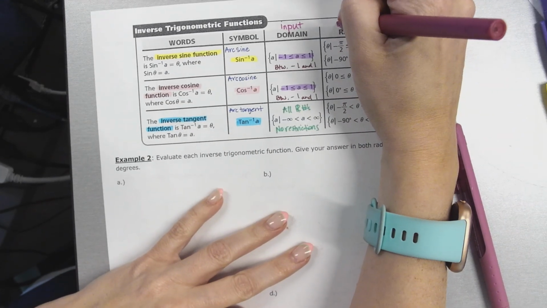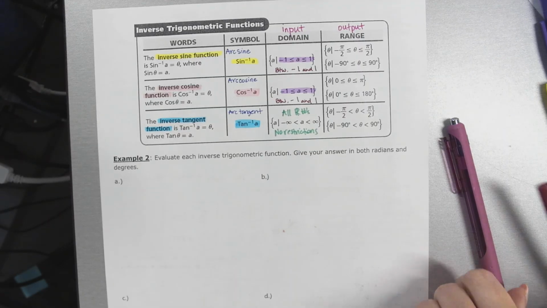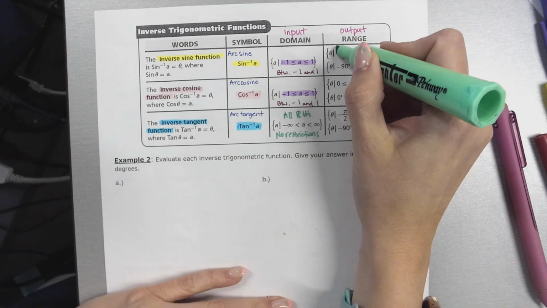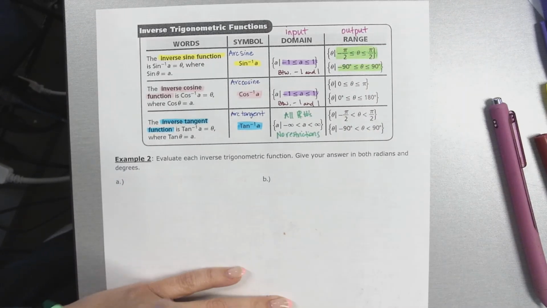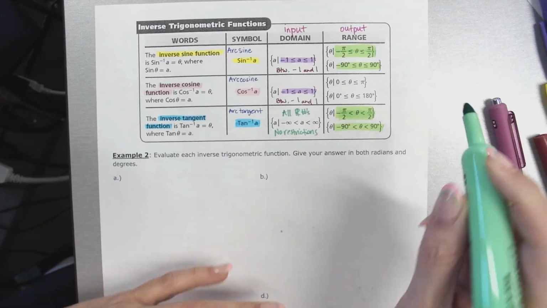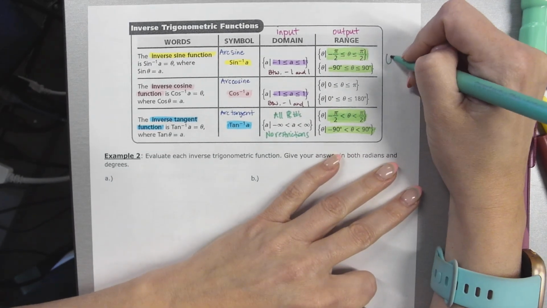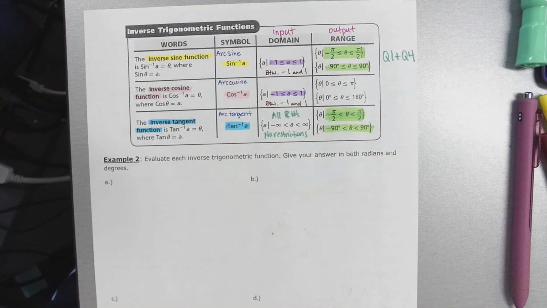Okay, and then your output, these are going to relate to your solutions. So we just talked about these in terms of the radians, -pi/2 to pi/2, which is -90 to 90. And we know that that holds true for the sine and the tangent.